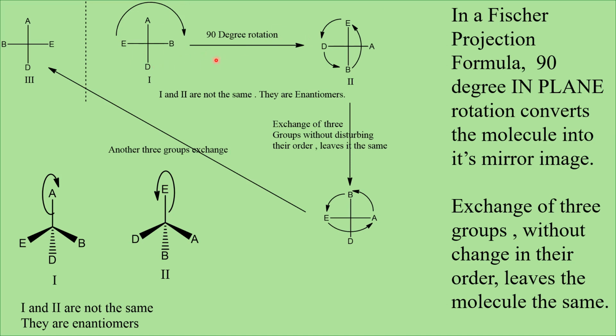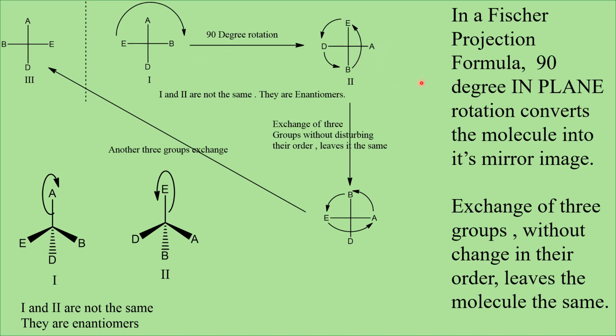So a 90-degree in-plane rotation results in a structure which is the enantiomer of this structure. If this is 1 and this is 2, 1 and 2 have the enantiomeric relationship. So now we shall confirm that these two are enantiomers. So 90-degree in-plane rotation gives the enantiomer.